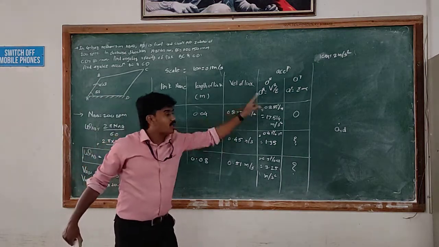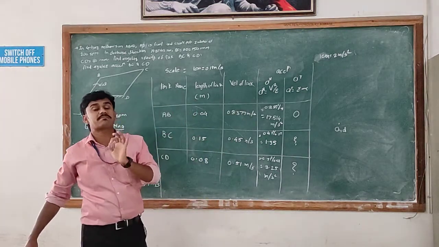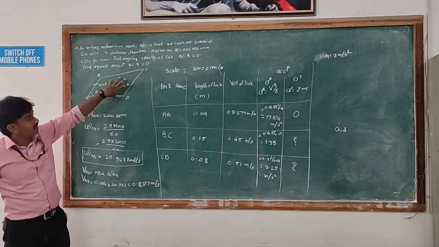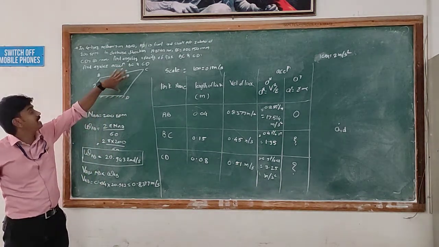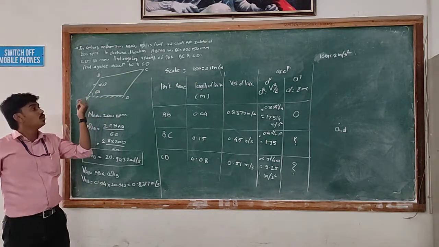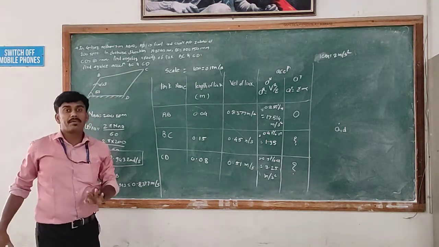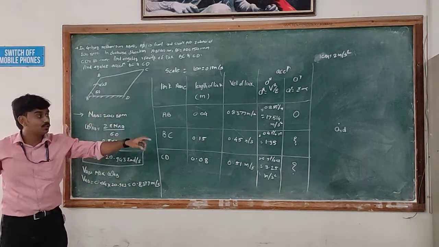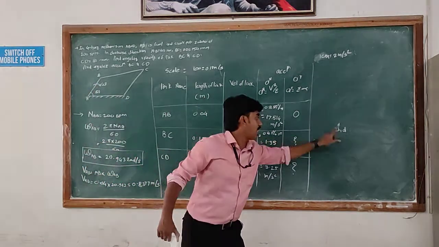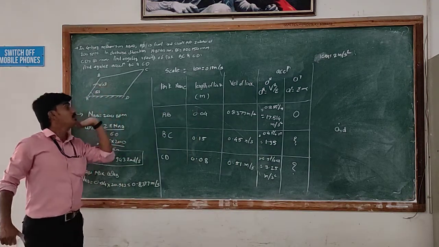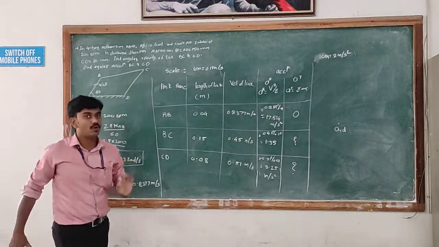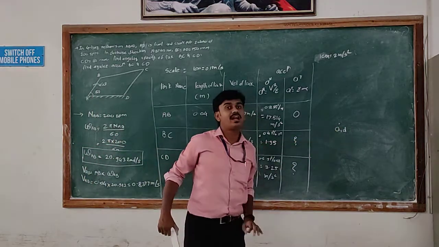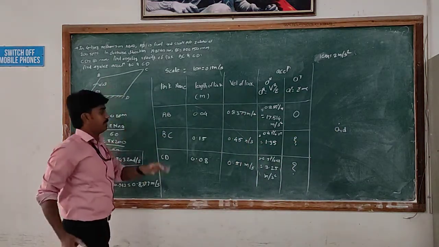The normal component of acceleration is always parallel to the link. Here is our mechanism of the link ABCD. So the normal component of acceleration for link AB is passing through this point A, and parallel to this link AB. It means we have to draw one line which is passing through point A and which is parallel to link AB.